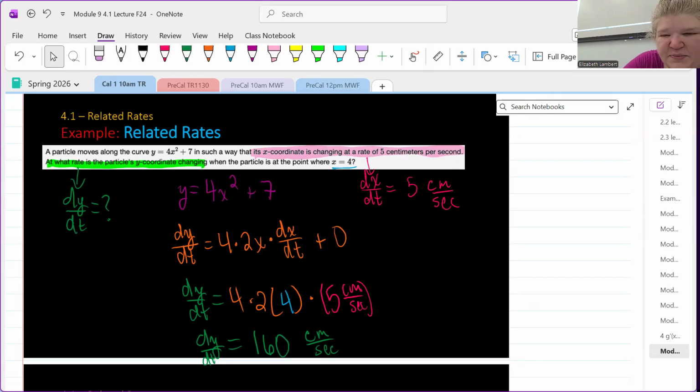So the x is moving at a constant rate, but how quickly the y coordinate changes depends on where we are on this curve, how steep the graph is at any particular time.